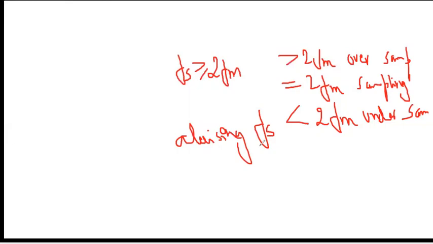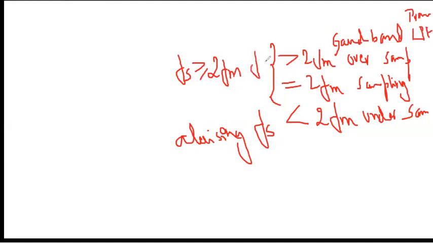Aliasing is avoided by using Fs greater than 2Fm or equal to 2Fm. Greater than 2Fm is oversampling, in which we get a guard band, and by using a practical low pass filter you can recover the signal. Here Fs is the sampling frequency.